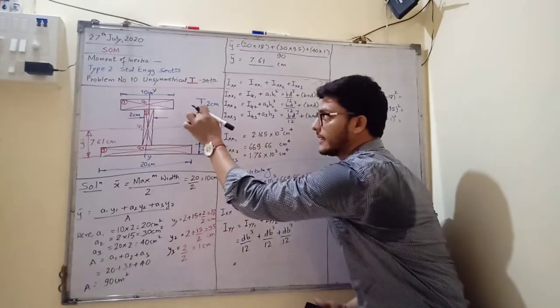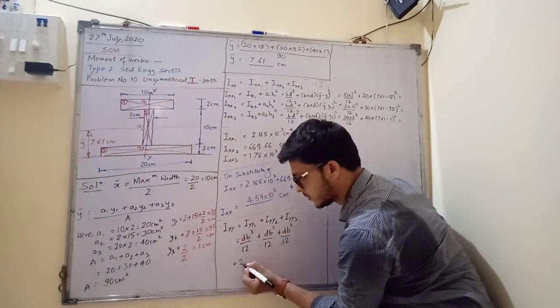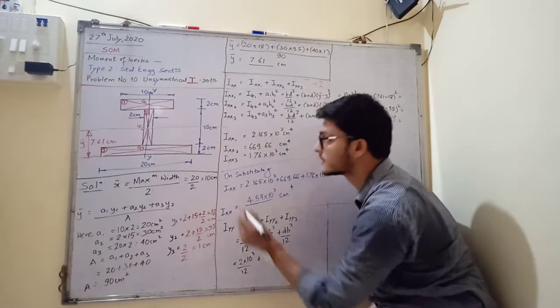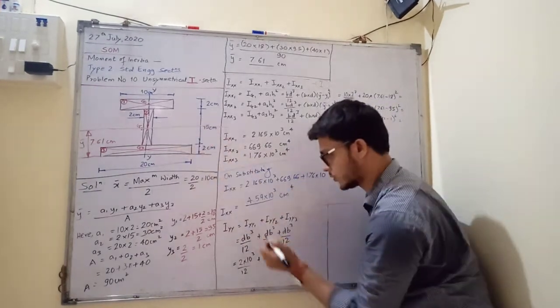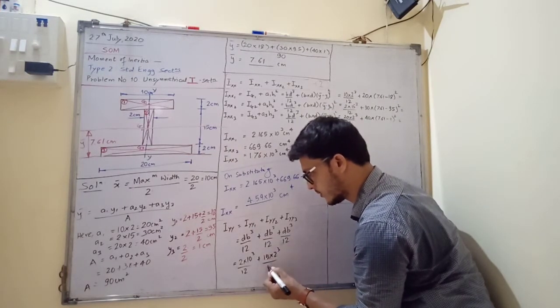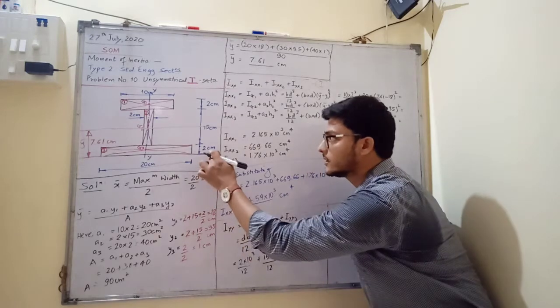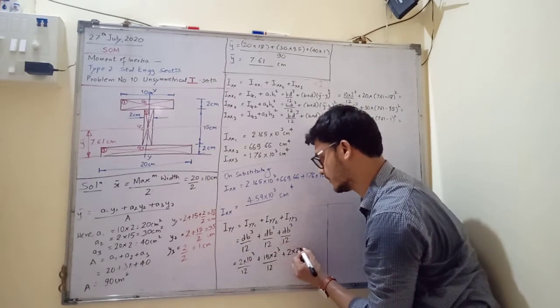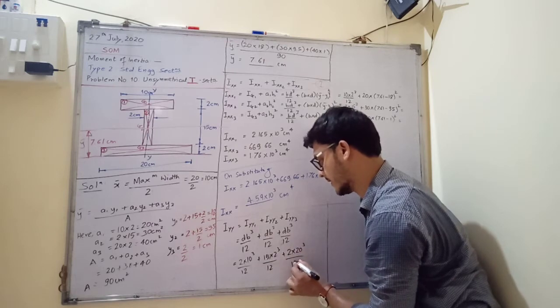First d is 2 and b is 10: 2 into 10 cube divided by 12 plus second rectangle, d is 15 and b is 2: 15 into 2 cube divided by 12, and third one, d is 2 and b is 20: 2 into 20 cube divided by 12.